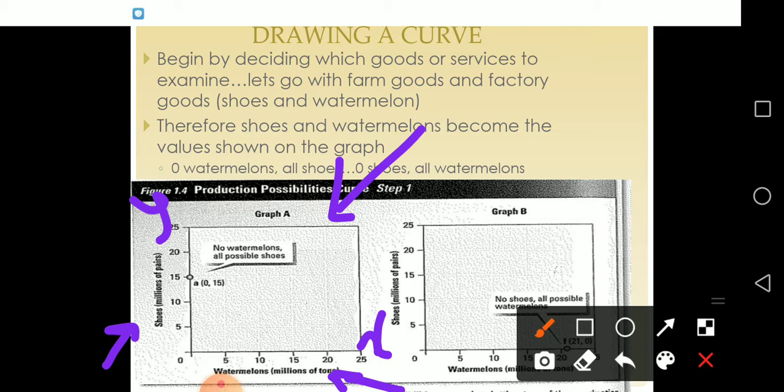If I talk about the zero here, it's zero and zero, the origin. We took this before in mathematics, especially in statistics. So when I say zero and zero, it means that there is no production of shoes and watermelon.